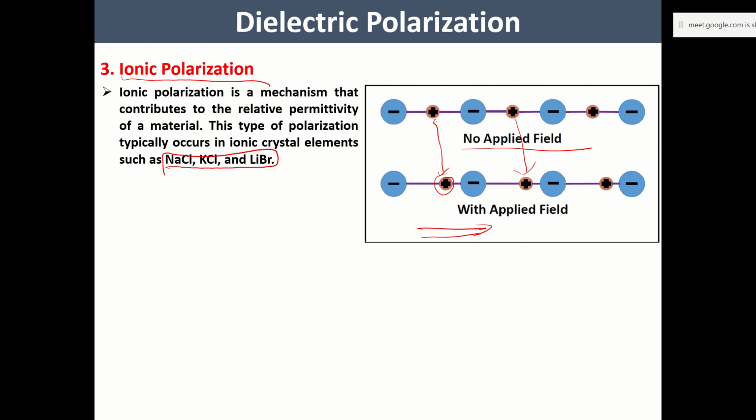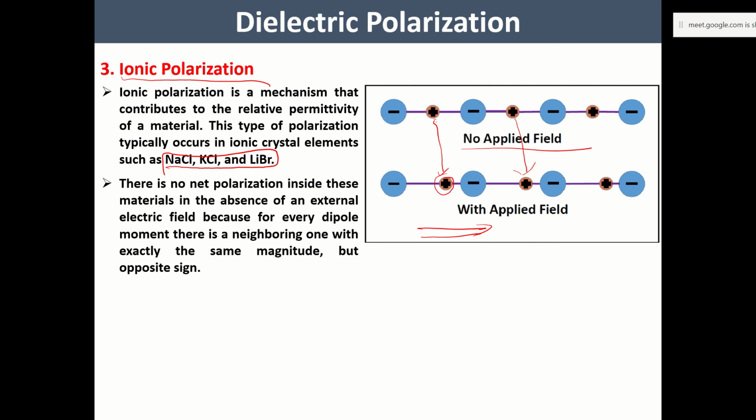So relative positioning of the cations has happened, and some dipole moment has been created now. In the absence of an external field, there is no dipole moment. No dipole. And here, because of this, you can see a dipole being developed.